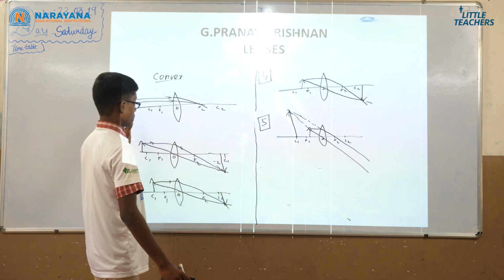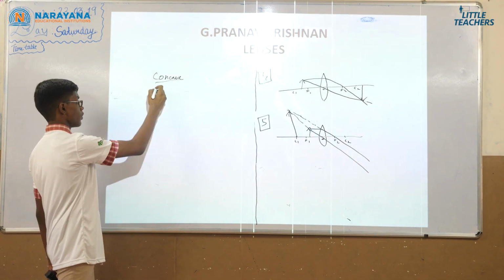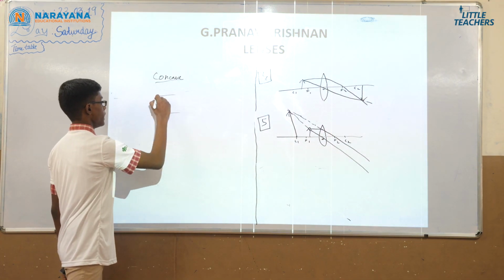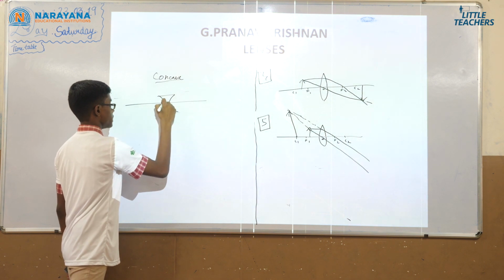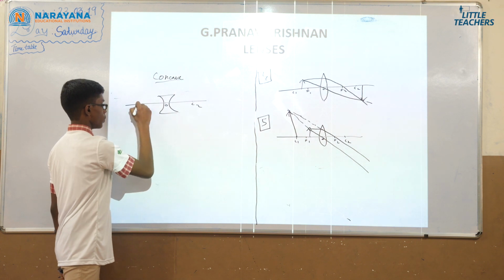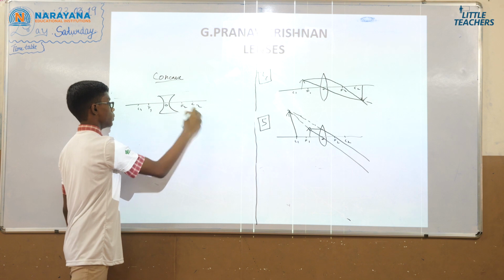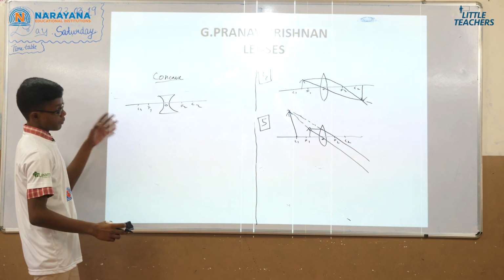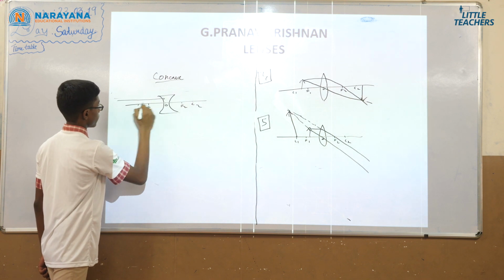Now let's go to the case of concave. Take a concave lens, a principal axis, optical center, center of curvature 2, 1, focus 1 and focus 2. Consider an object at the position of infinity emitting parallel rays.